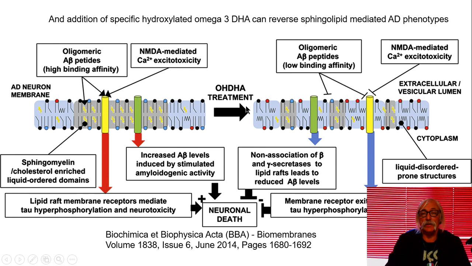This paper suggested that if you add, as a treatment in an animal model, the hydroxylated docosahexaenoic acid, this alters membrane fluid dynamics. The oligomeric A beta peptides then are not associating with the membrane, low affinity binding, because of the change in fatty acid composition. The NMDA-mediated calcium excitotoxicity is blocked because of this change in membrane fluid dynamics, altering the way the membrane functions and what's in it.